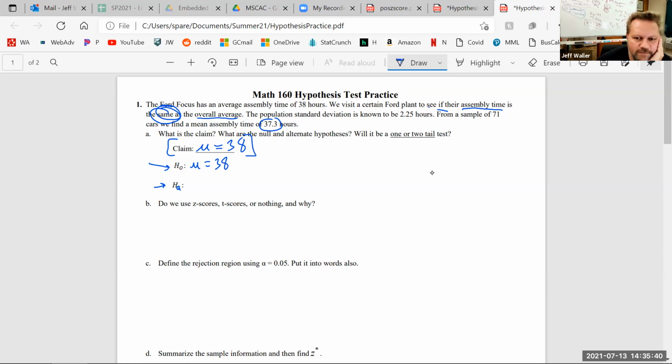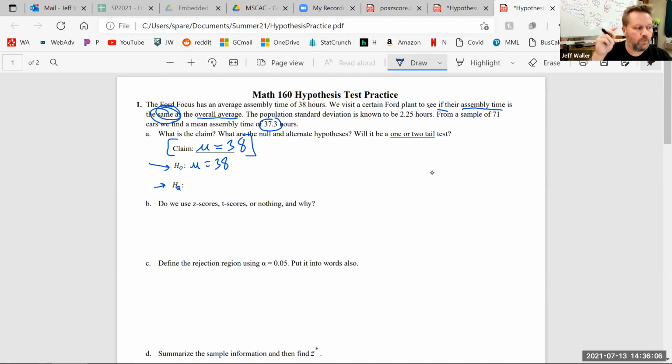What's the statement that would go in the H0? Remember, how did we set this up? The statement that goes into the null hypothesis always has to have a what? How did we know this went into the H0? Because it has the equal sign. Why did we do that?